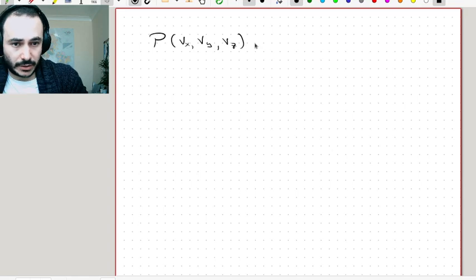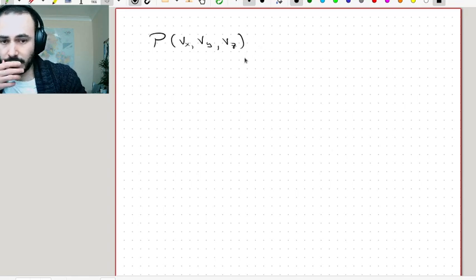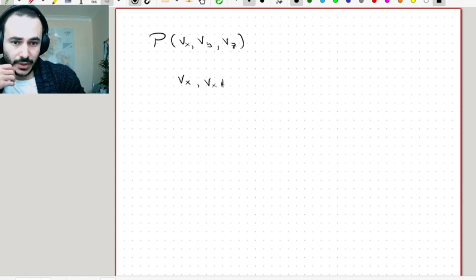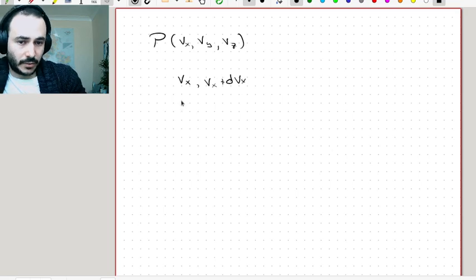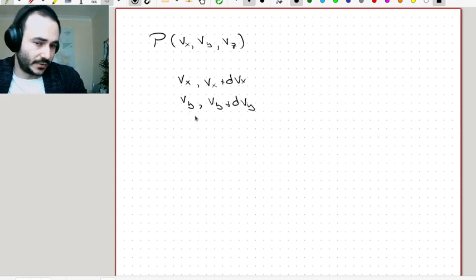The logic of this is that it doesn't really make sense to think that the probability of finding a particle with a velocity component x between vx and vx plus dvx has anything to do with the probability that the velocity in the y component is between vy and vy plus dvy, or vz and vz plus dvz.